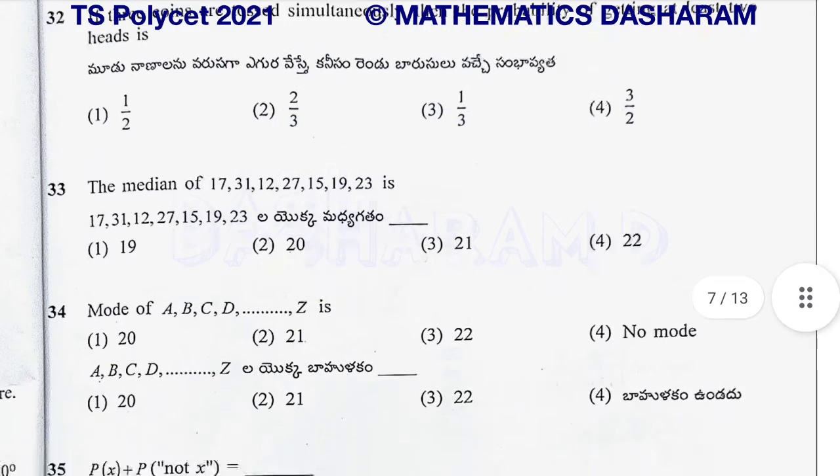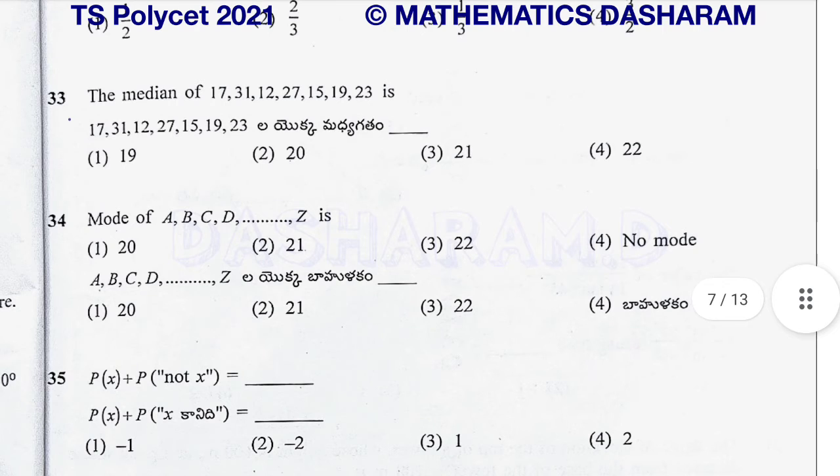Next, question number 33. The median of 17, 31, 12, 27, 15, 19, 23. To find the median, arrange the given observations in ascending order.